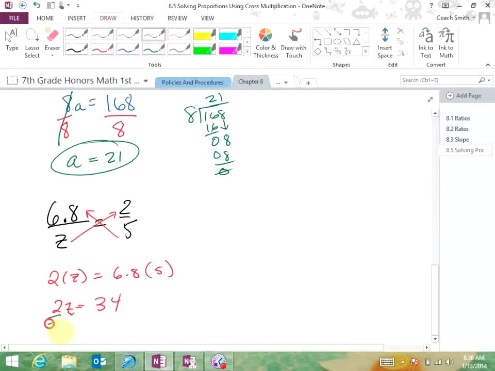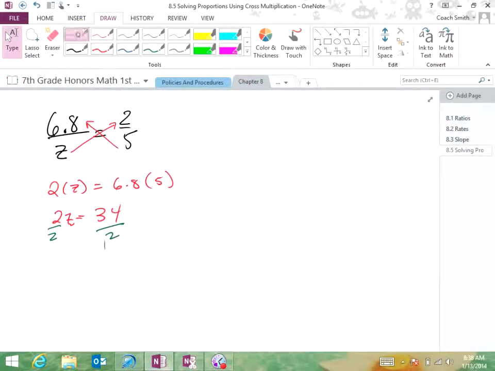Now we divide by 2 on both sides. So I'm going to divide 2 into 34, and that gives me Z, because the 2 is canceled out. Z is equal to 17.